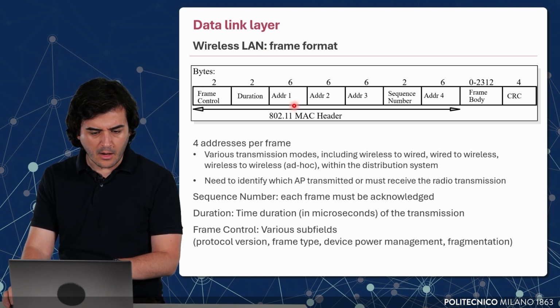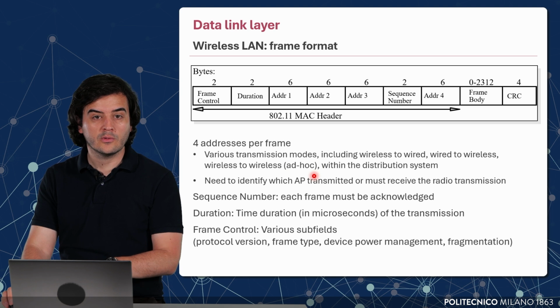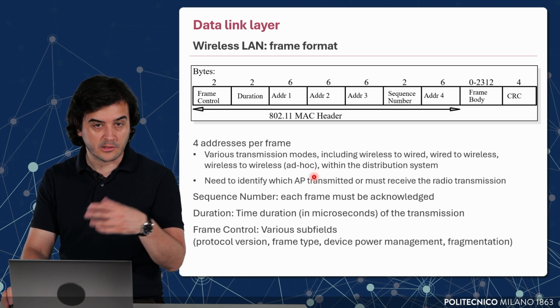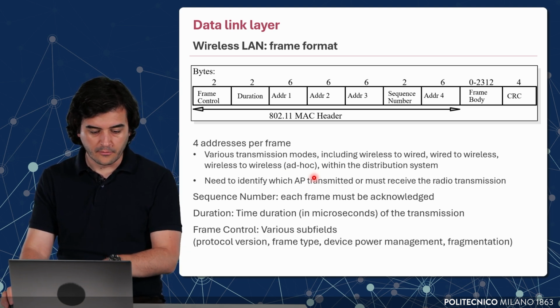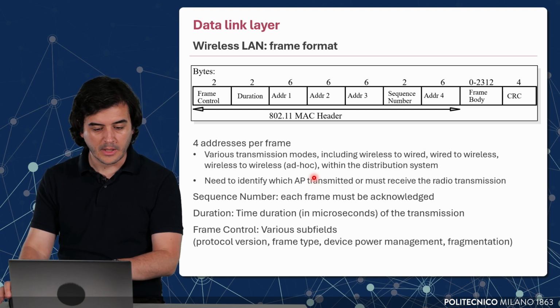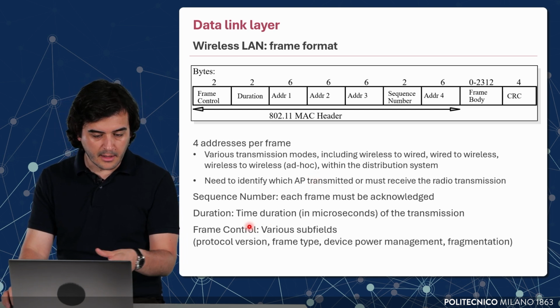The only difference now is that there are 4 addresses, because you might be dealing with scenarios in which you also have to know the address of the access point of the basic service set that we have defined before.